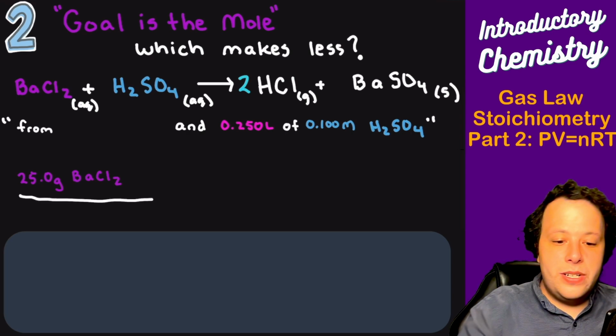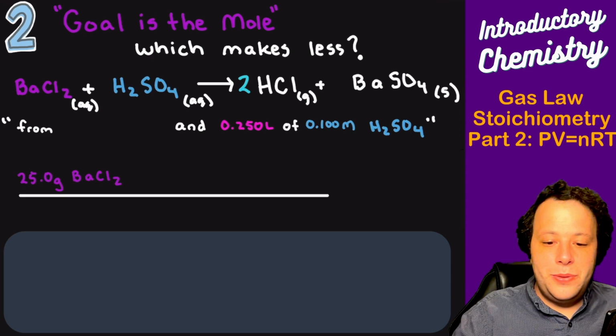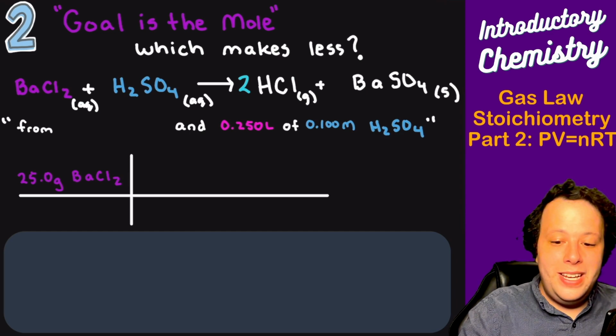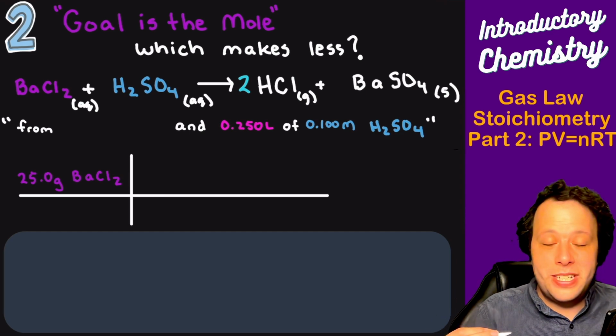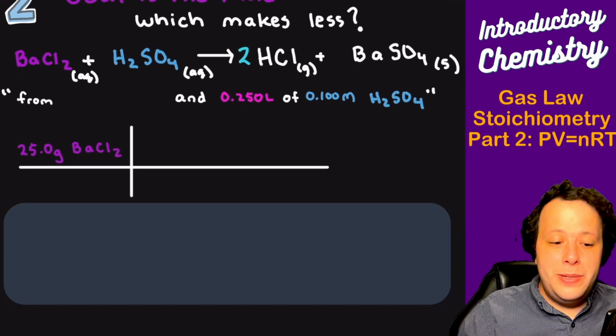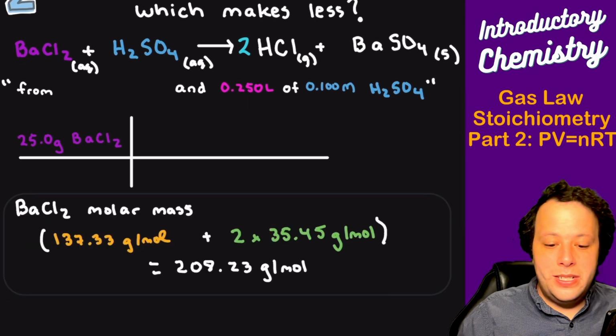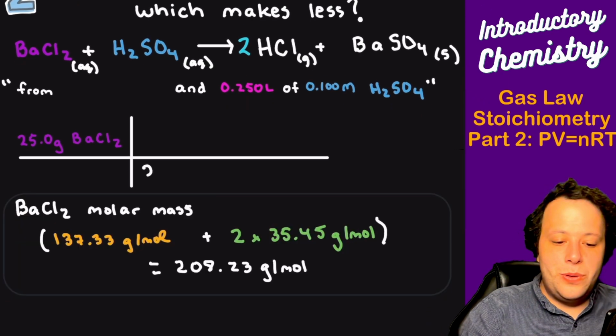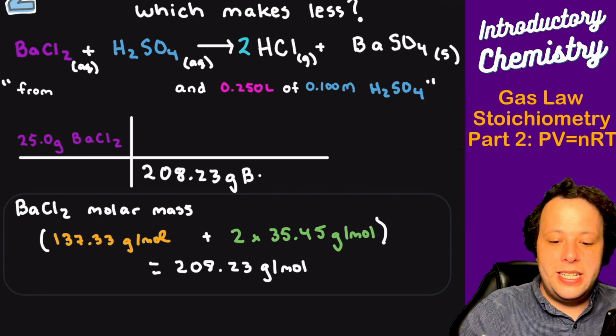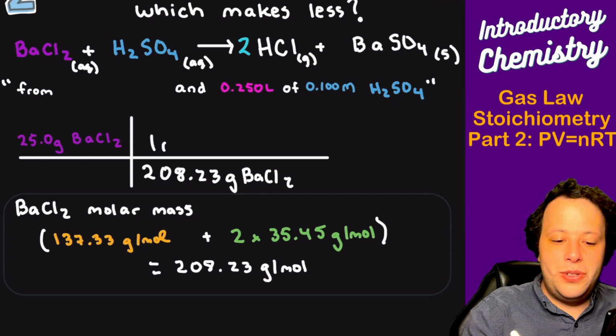That is our entire idea here, to get to moles of HCl because that's the gas we're interested in. To convert grams to moles we use the molar mass. So we have 208.23 grams of BaCl2, and that's equivalent to 1 mole of BaCl2.